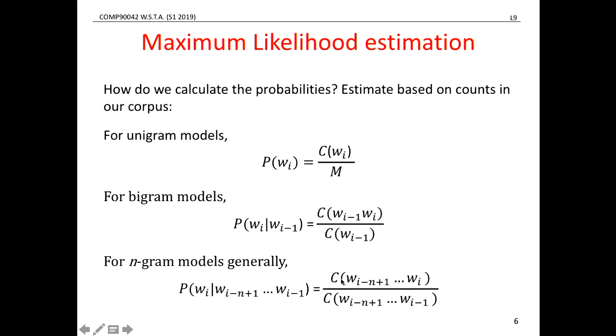In this case, we're looking at an n-gram, and here we're looking at an n-1 gram. This n-1 gram on the denominator corresponds to all of the events in the conditioning side, this probability distribution here. Okay. So that's nice and easy. Estimating these models is just counting. You just need to count how often you've seen all these variable length sequences. Once you've got the counts, you can get these values very simply.